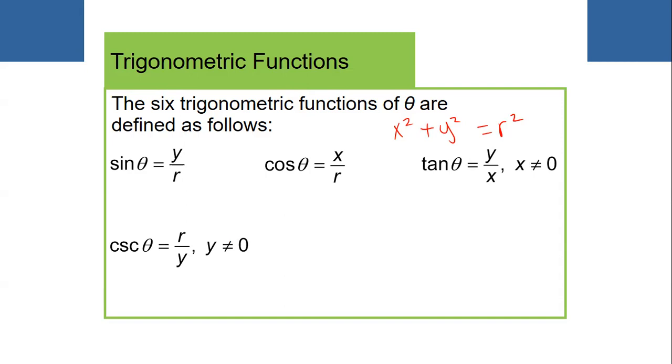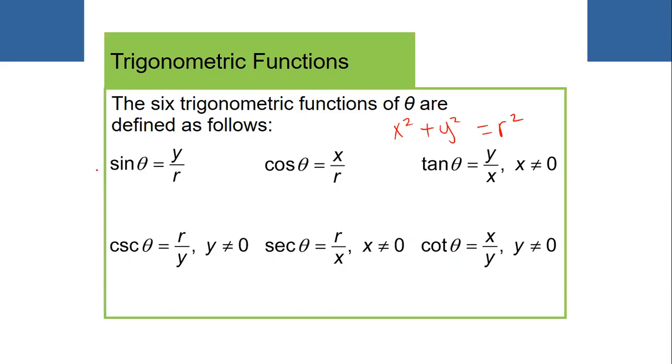The key word is that they are reciprocals of each other: instead of y over r, it became r over y. Cosine has a reciprocal function called secant, and secant theta is r over x. And lastly, tangent has a reciprocal function called cotangent. So cotangent theta equals x over y.